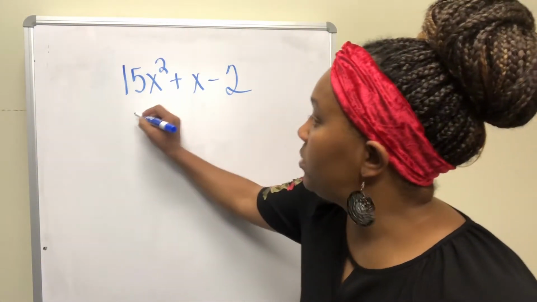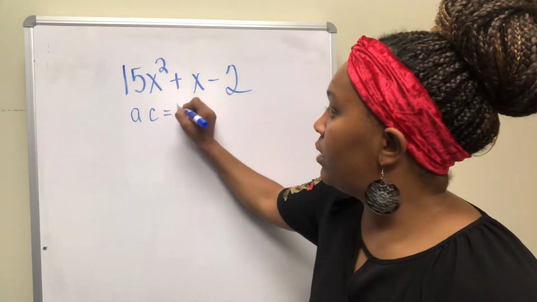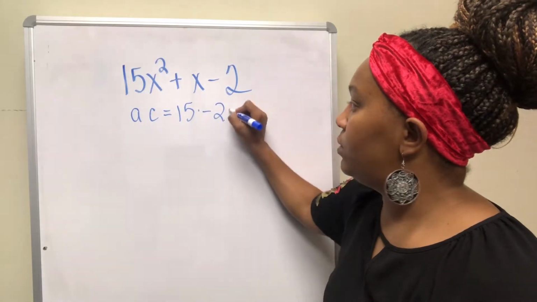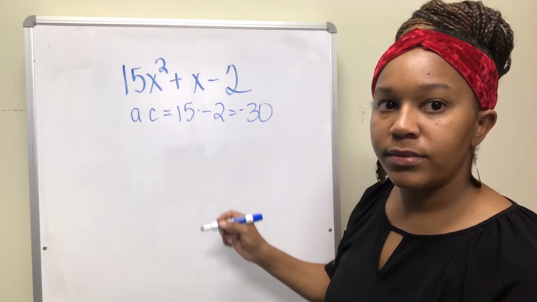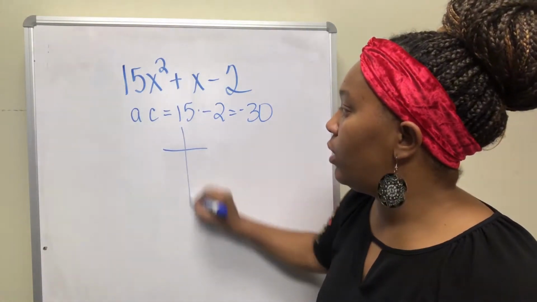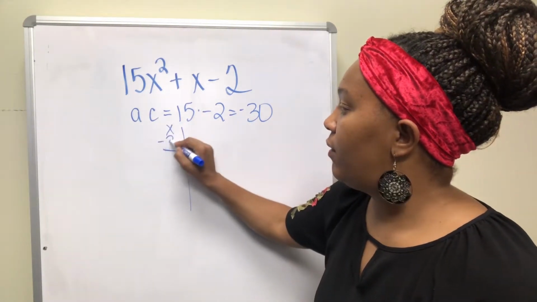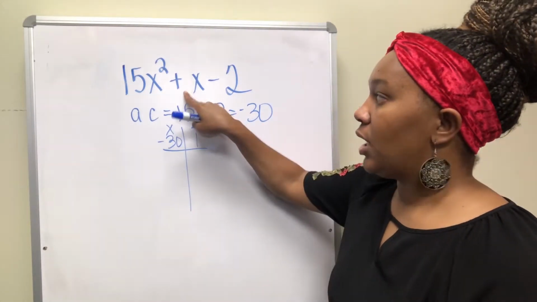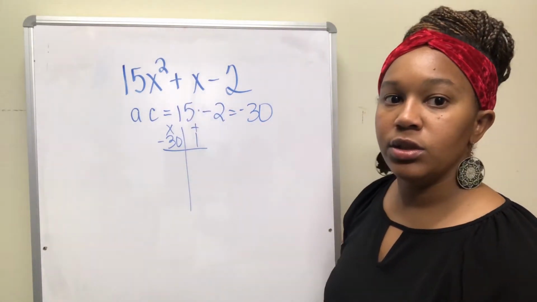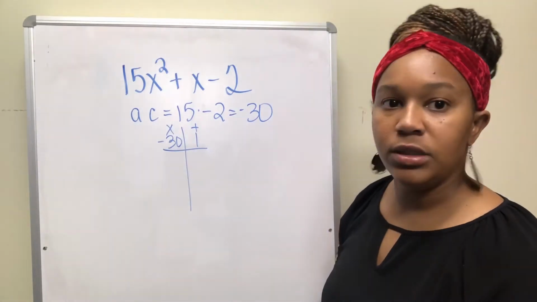So you should have multiplied A times C, which is 15 times negative 2, which is negative 30. Then you want to take factors of negative 30 that add to B, which in this case there is no number there. There's an understood 1. So factors of negative 30 that add to 1.